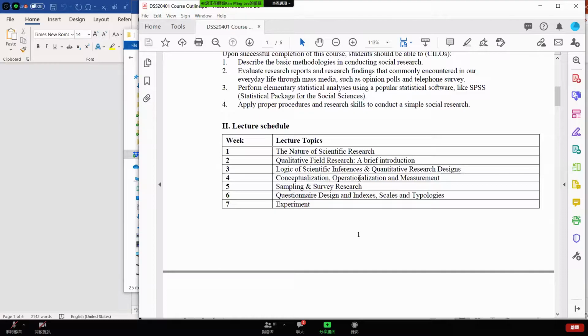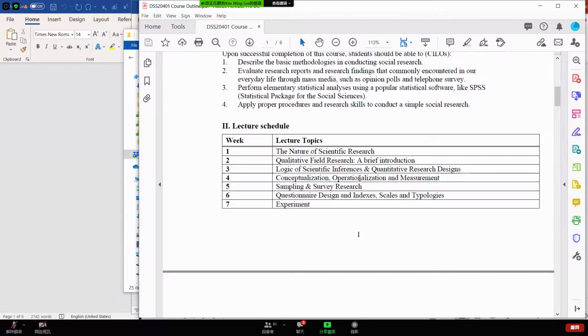But once we get the survey result, we are not so sure whether those results are valid or not. It depends on how we get our informants. So this is related to sampling. Week 6 is about questionnaire design, indexes, scales, and typology. When you design your survey, you need a questionnaire, and there are some rules to construct a valid questionnaire.